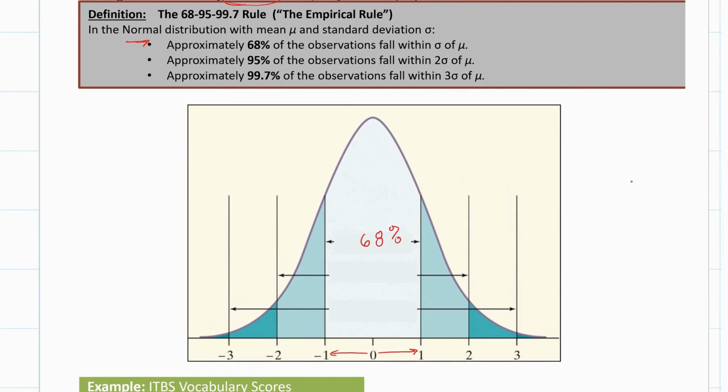If you go out two standard deviations from the mean, you capture approximately 95% of the data. And if you go out three standard deviations, as you may guess, you capture almost all of the data, 99.7% of the data.